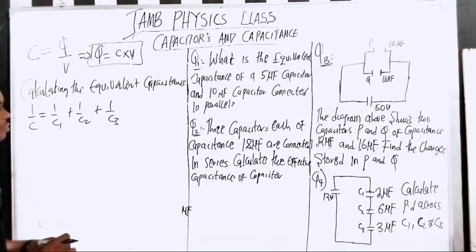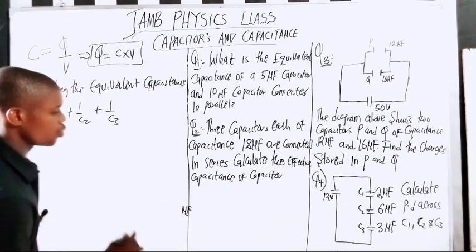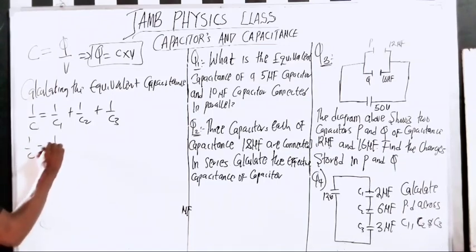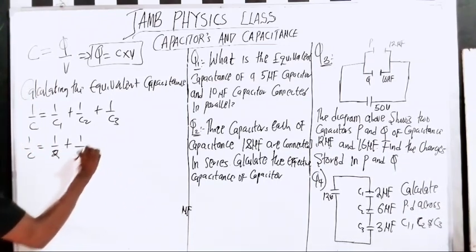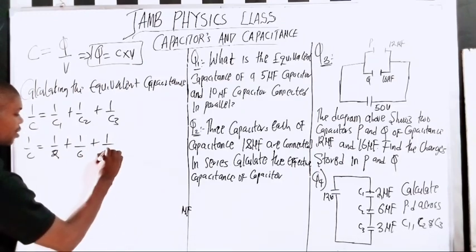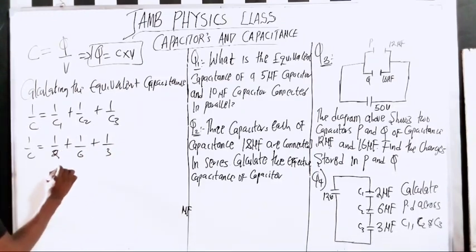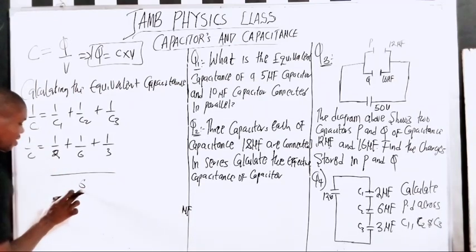Can you see that? So my C1 is 2. It will be 1 over C equals 1 over 2 plus 1 over 6 plus 1 over 3. So what is the LCM here? The LCM here is going to be 6, right? So 2 going into 6 is what?